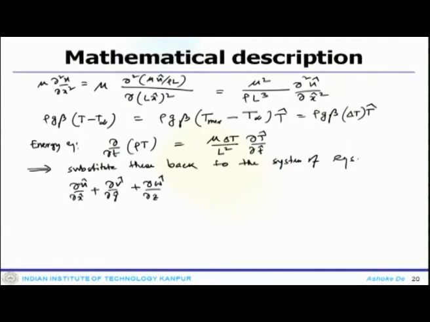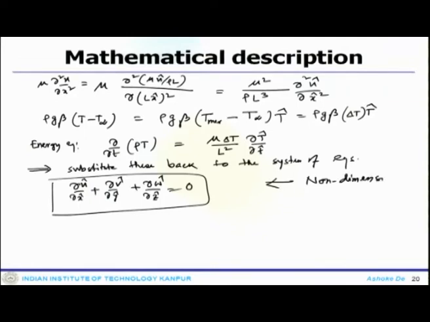There is no change in the continuity equation except the hat. So, this is my non-dimensional form of the continuity equation.